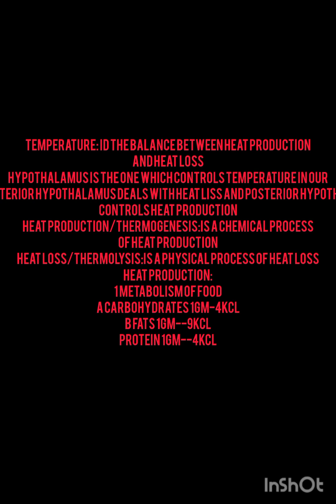The hypothalamus is the regulatory body in our body, present in the brain, and the hypothalamus has two parts, the anterior hypothalamus and the posterior hypothalamus. The anterior hypothalamus regulates the heat loss system, whereas the posterior hypothalamus regulates heat production.